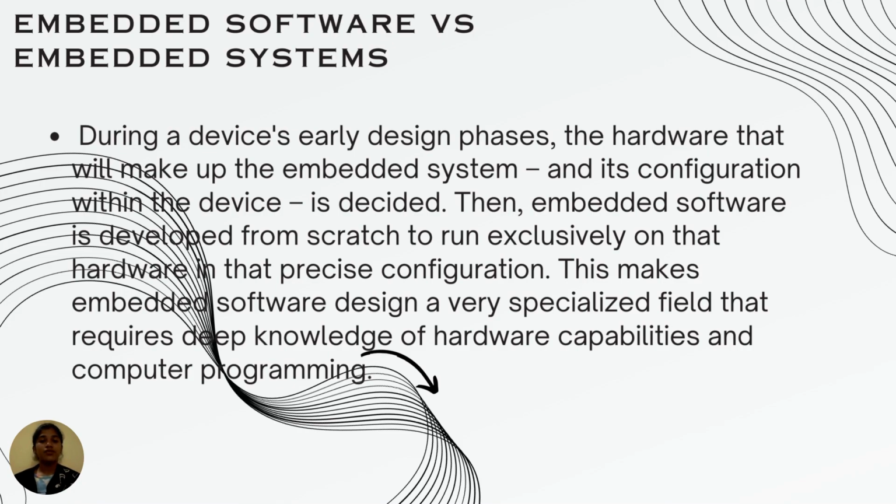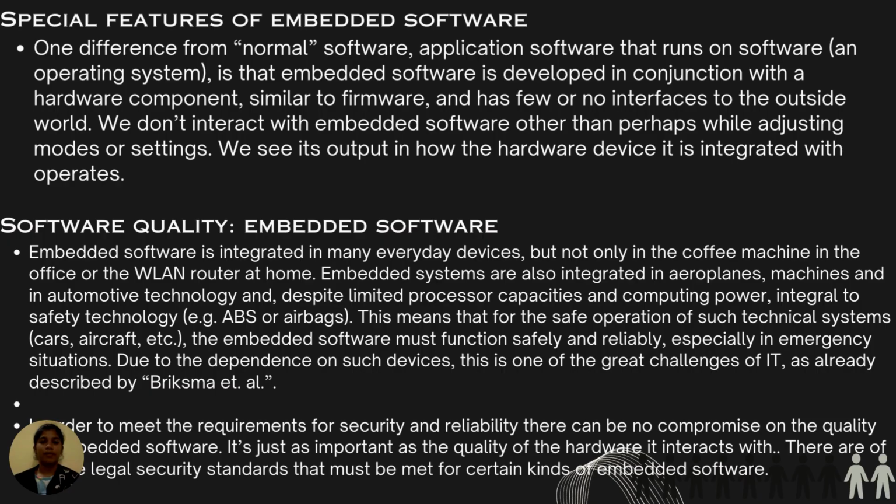Then, embedded software is developed from scratch to run exclusively on that hardware in that precise configuration. This makes embedded software design a very specialized field that requires deep knowledge of hardware capabilities and computer programming. Now, some of the special features of embedded systems: it is not a normal software application.